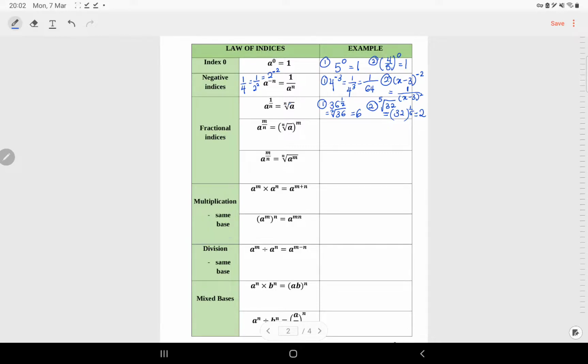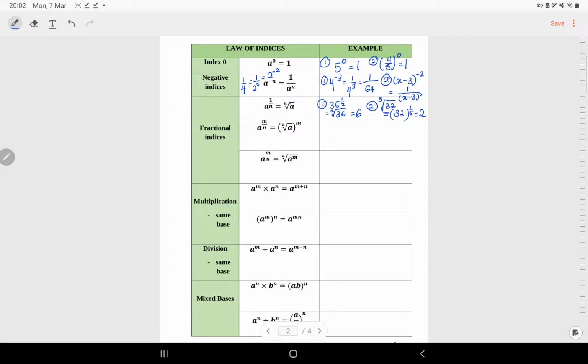When we do indices, it is also helpful if you can memorize all the numbers from 1 to 10 to the power 5. For example, if you're given 32, automatically in your head you know that you can simplify 32 to an index of 2 to the power something.